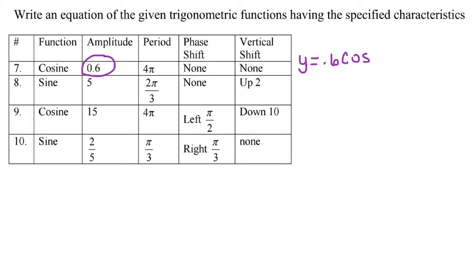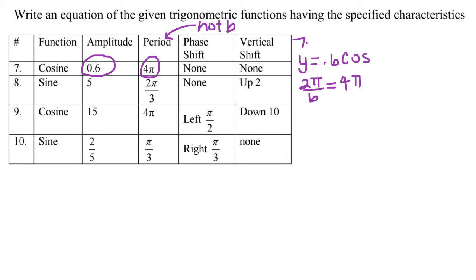Now, to figure out the period, remember that 4 pi is actually saying your 2 pi over b was equal to 4 pi. This is not your b value. Period is not b. So that's important for us to remember.